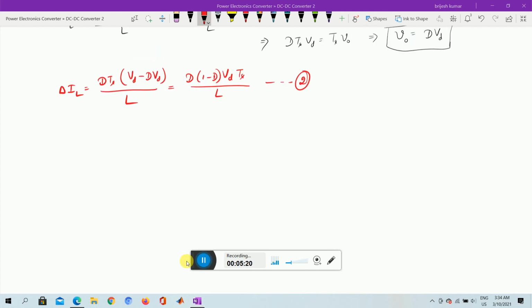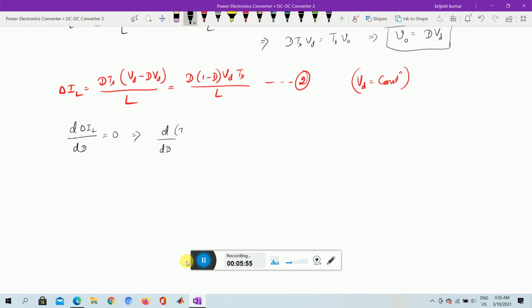This is the expression when Vd is constant. Vd is the input voltage, and usually this is constant, which is why capital Vd is written here. So we can also get the maximum value. For the maximum, we take the derivative of delta IL with respect to capital D. This should be 0 at a certain value of d. If you substitute this, you will get the derivative with d and all the constants.